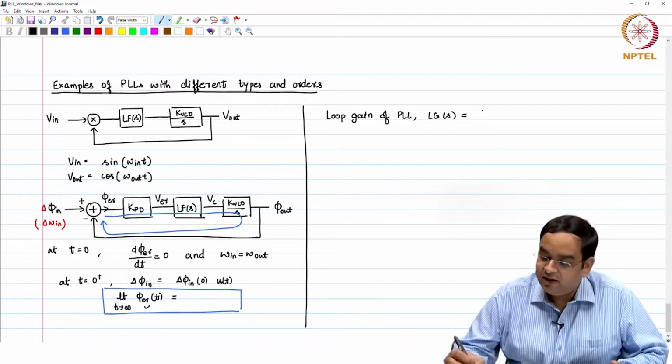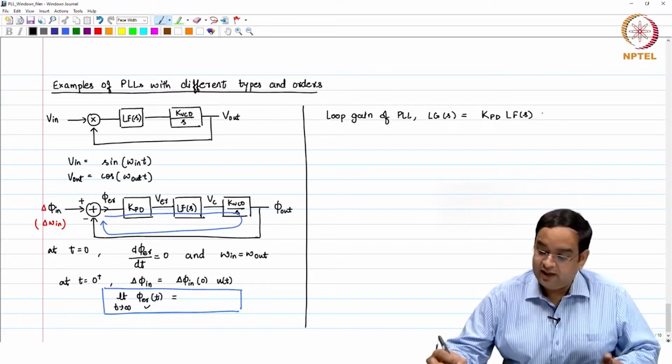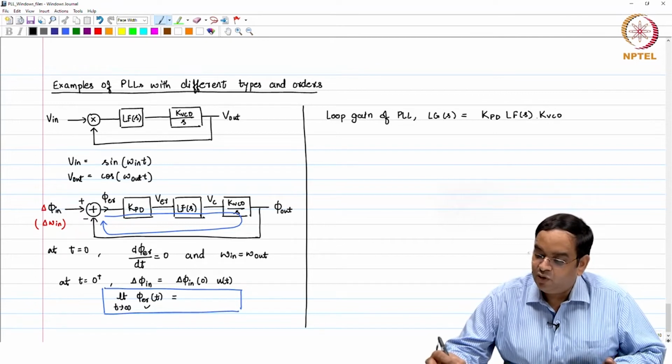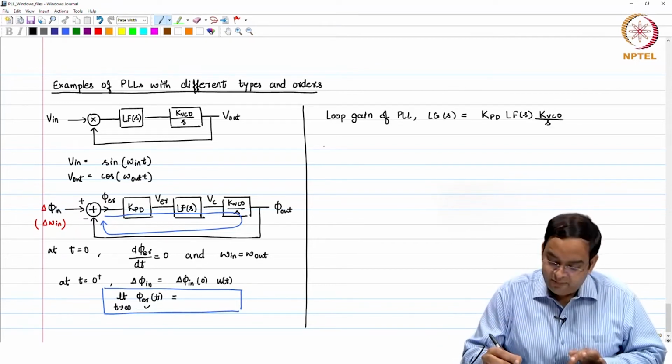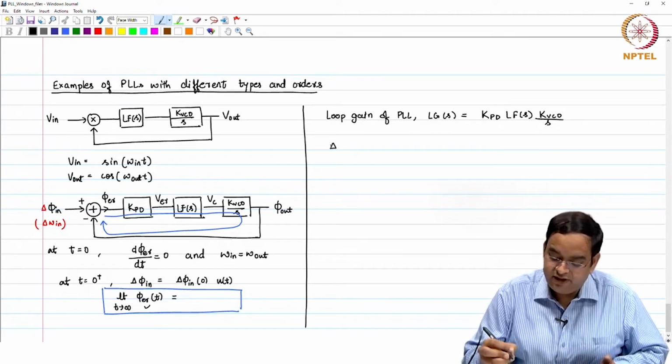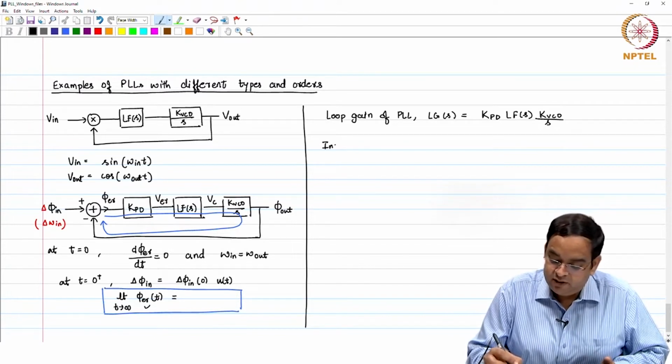This loop gain is equal to Kpd times Lf of S times KVCO over S. When we apply a change at the input, the change is a phase step, which here we will call the input phase step.